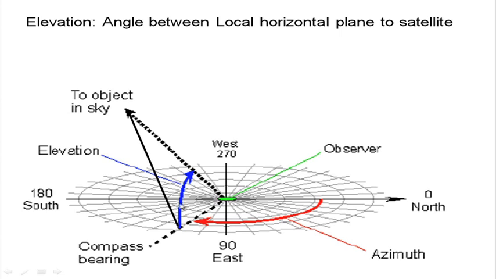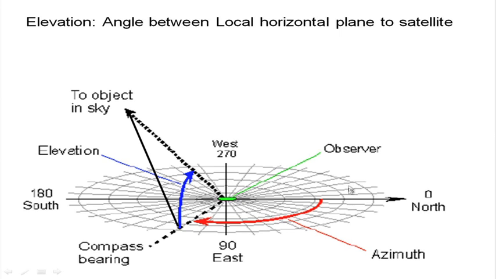Below that there is the Earth, which is not drawn here. This plane is called the horizontal plane. If you stand on the surface of the Earth, from your foot you put a plane around the Earth that is tangent to the Earth. It is called the horizontal plane.